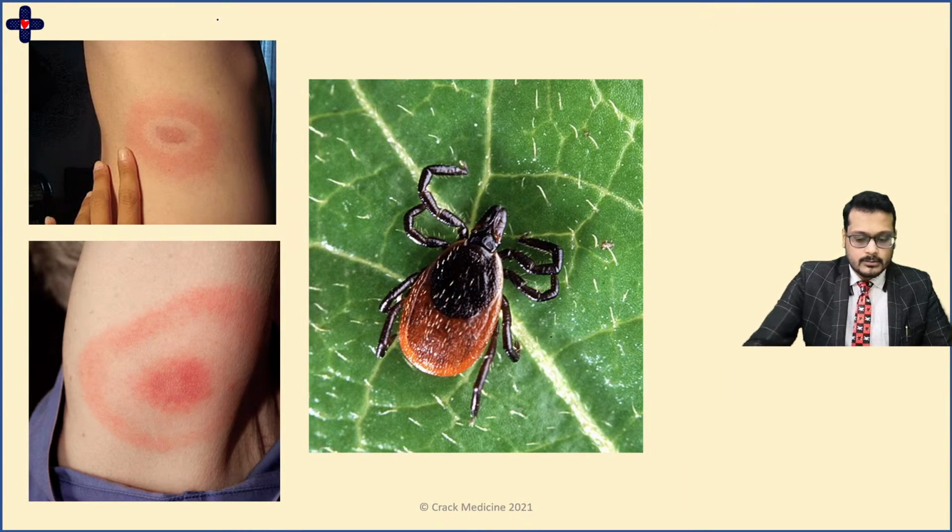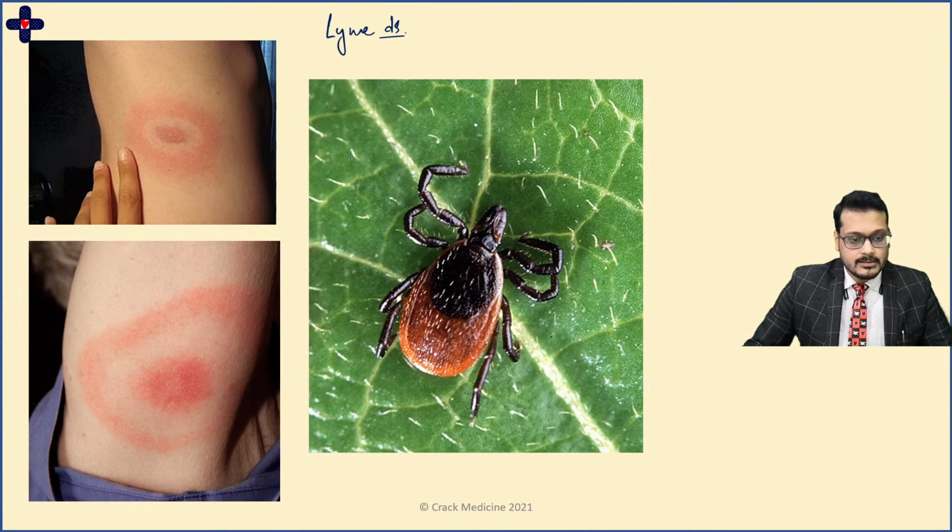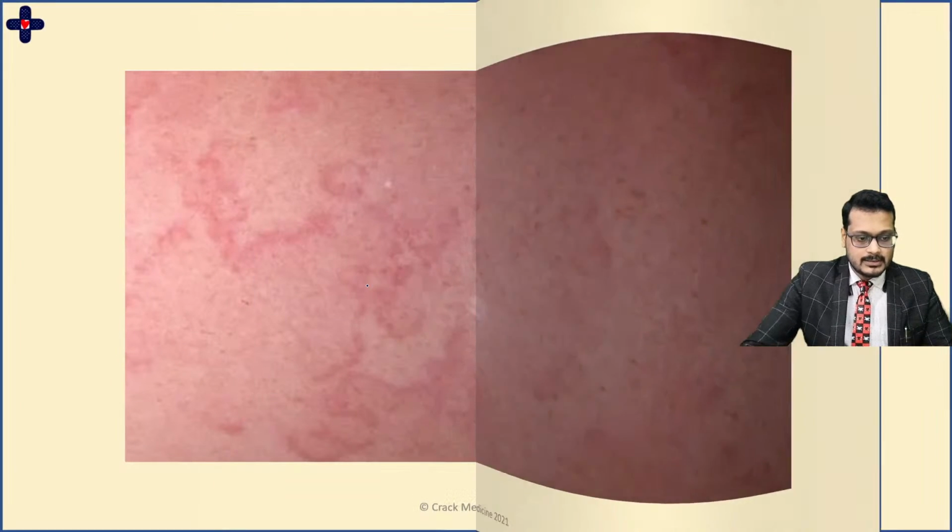So this is what our Lyme disease looks like, and this is the characteristic bullseye appearance, as you can see. Okay, so this is the erythema chronicum migrans, and this is the tick that bites and causes Lyme disease.